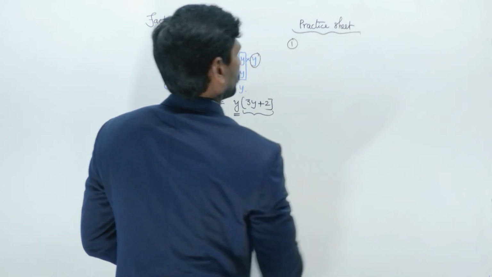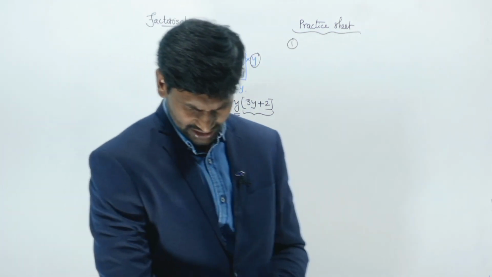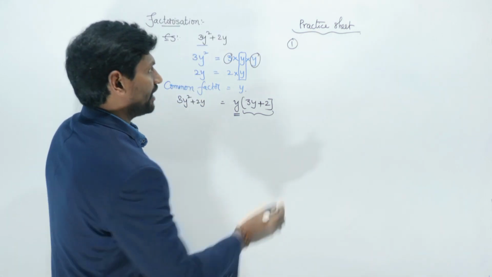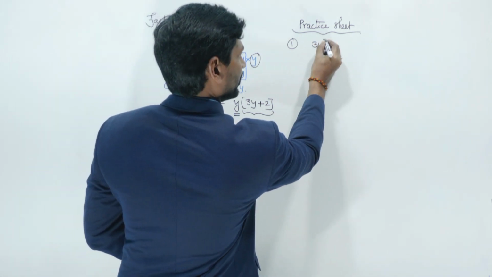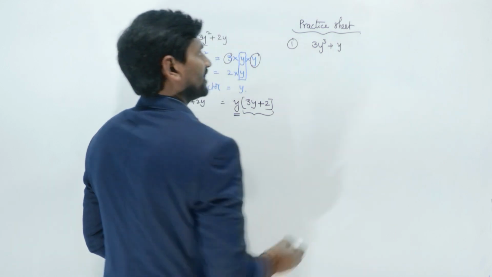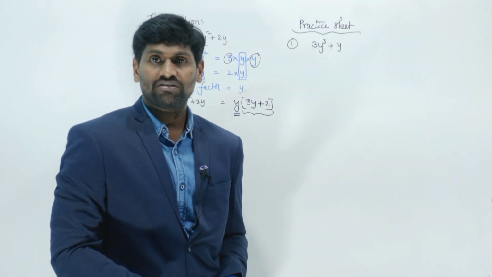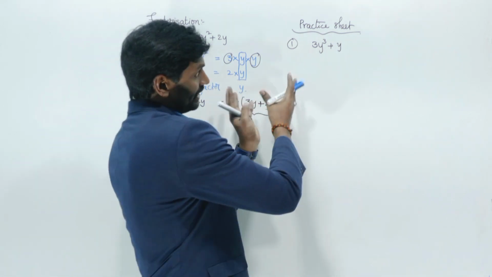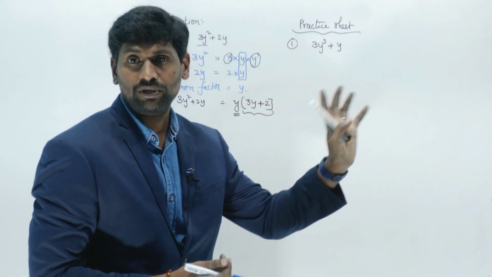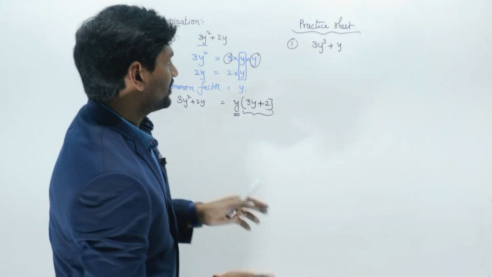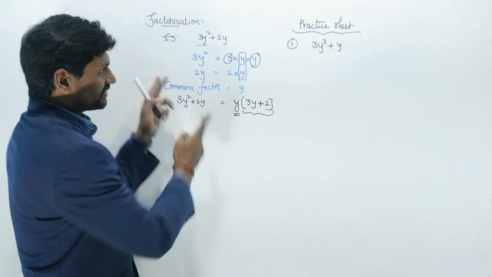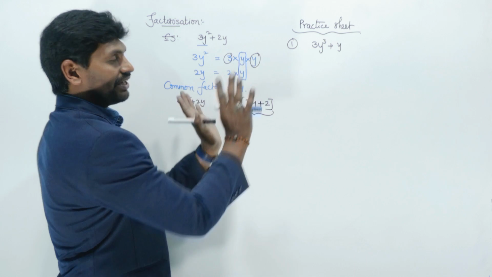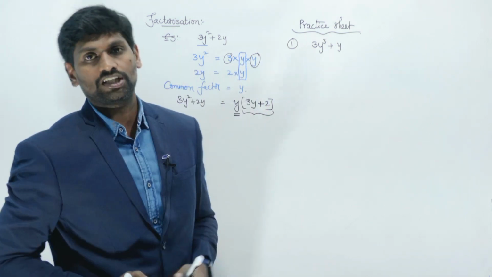First problem: 3y cube plus y. It is also a binomial. The first term is 3y cube and the second term is y. If you are unable to identify the common factor between these two terms, just write the first term's factors and the second term's factors, then identify the common factors between them.